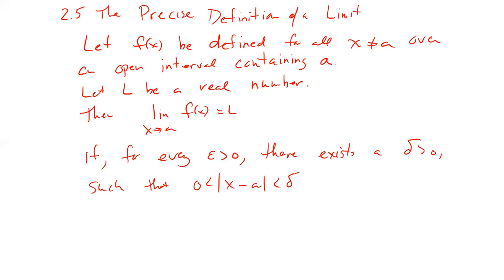That is a delta. So for every epsilon greater than 0, there exists a delta greater than 0, such that we scrunch the absolute value of x minus a in between there.